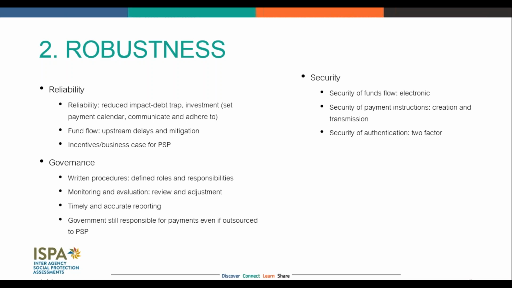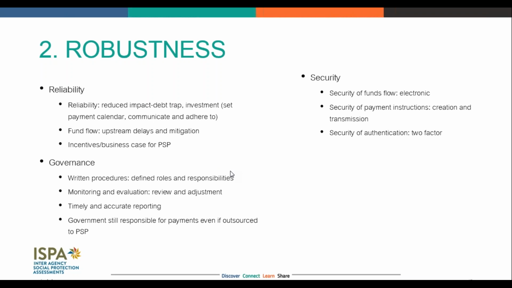So if we move on to the area of governance, it's important to have written procedures that define the roles and responsibilities, to have program manuals that specifically address the issues of payments, that monitoring and evaluation is carried out, and there's timely and accurate reporting.